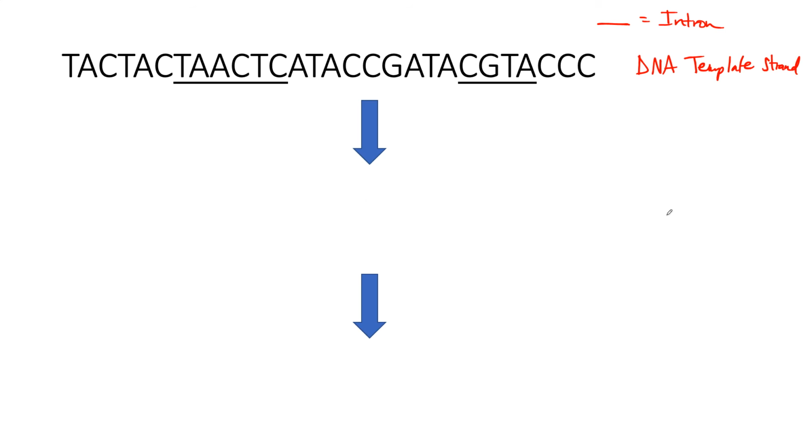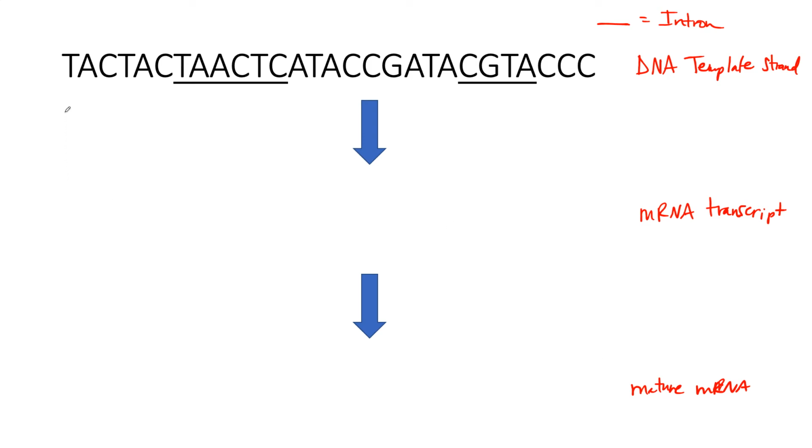First of all, I want you to tell me what is the mRNA transcript before it's been processed or before it's been spliced. Then I want you to tell me what the mature mRNA transcript looks like. So pause the video in just a second, write out the sequence of what the mRNA transcript looks like, and then write out, after you splice it, what the mature one looks like, and then come back to the video and see if you're correct.